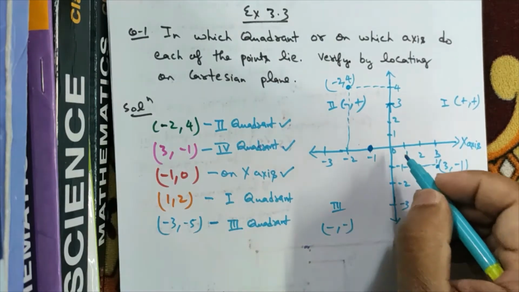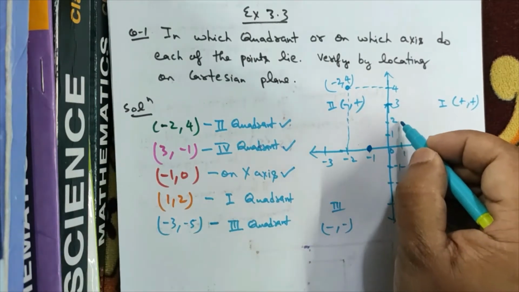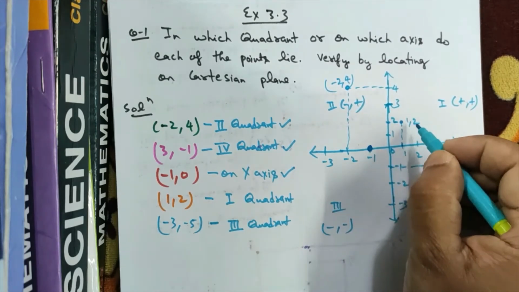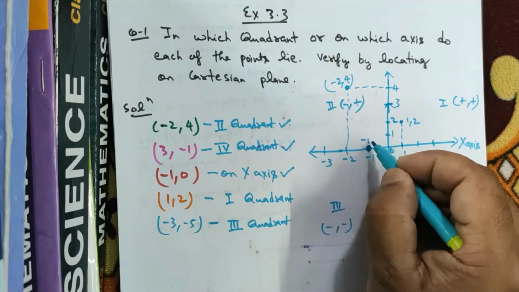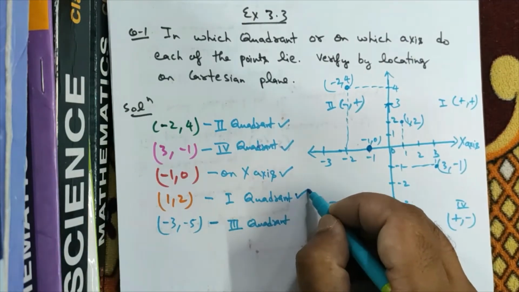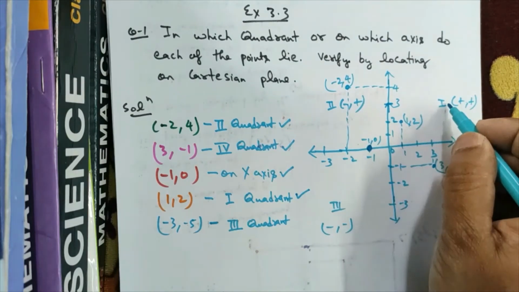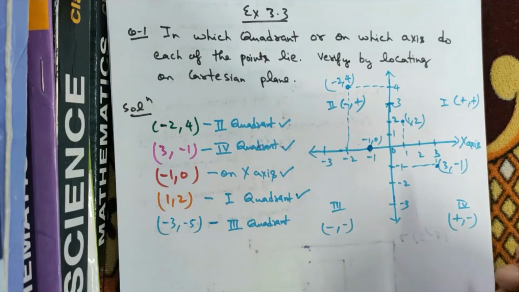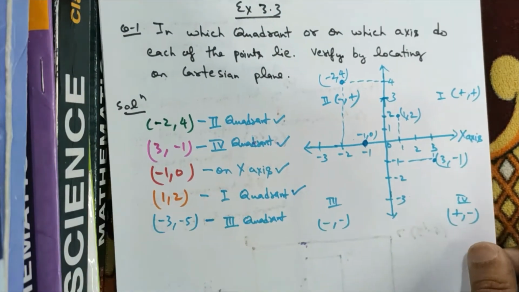Fourth one, 1, 2. +1 and +2. This will be the point. So this is also verified that this point is lying in the first quadrant. And -3, -5.